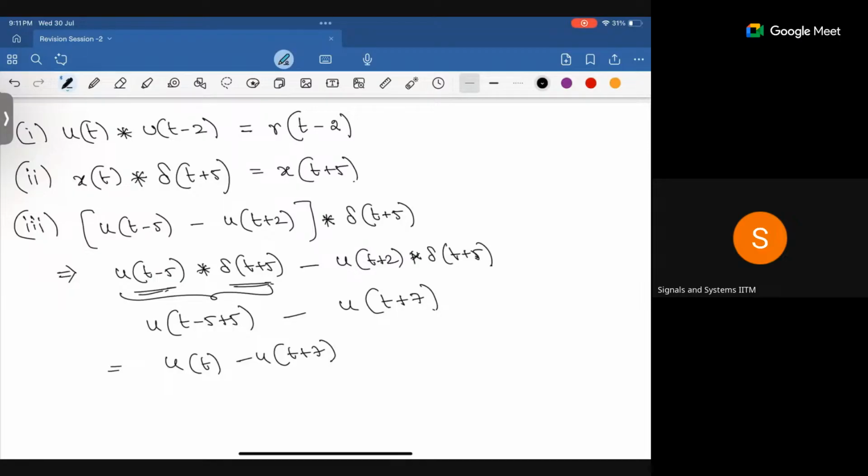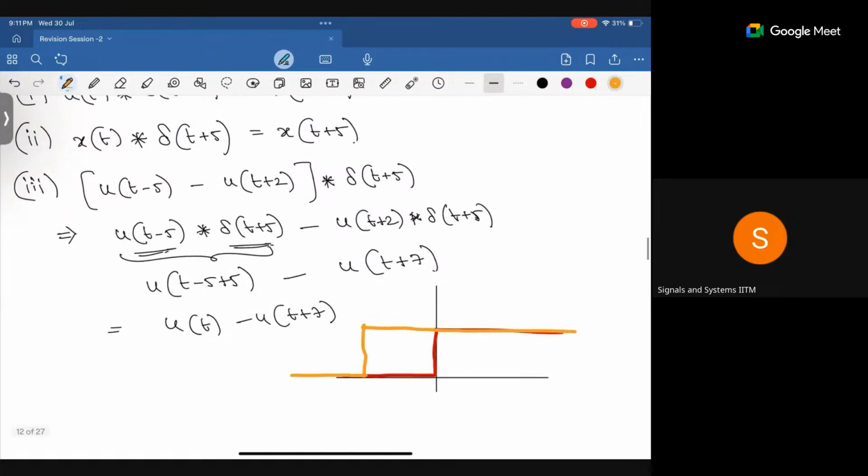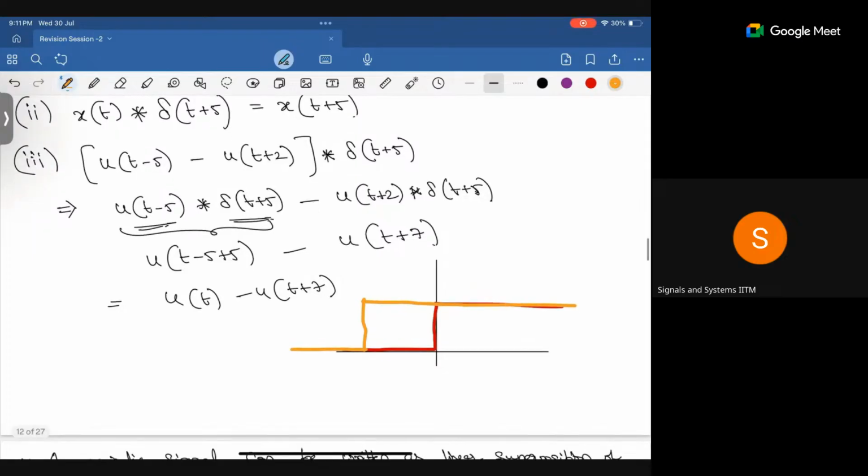Now, if I have to plot this, u of t is this, and then u of t plus 7 is advanced by 7 units. If I subtract this with this, the subtracted signal will be this violet one.